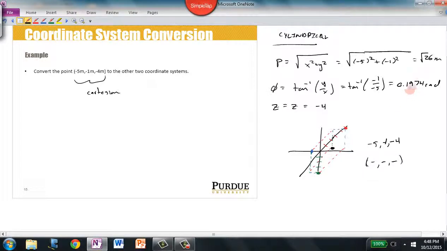So in this calculation, 0.1974 is equal to about 11.3 degrees. And so you've got to visualize where that is. For a rho of root 26, a phi of 11.3 and a z of -4, that would put us in the plus-plus-minus octant, and so therefore we need to rotate by 180 degrees.